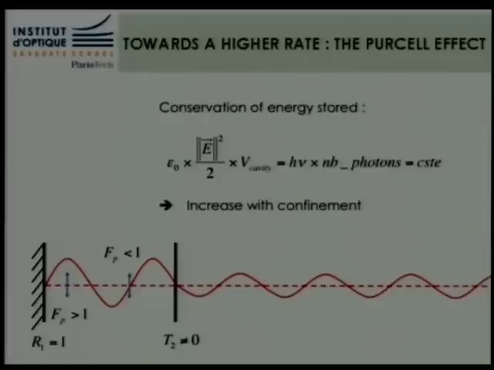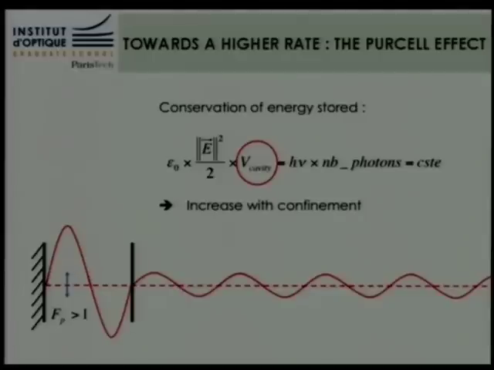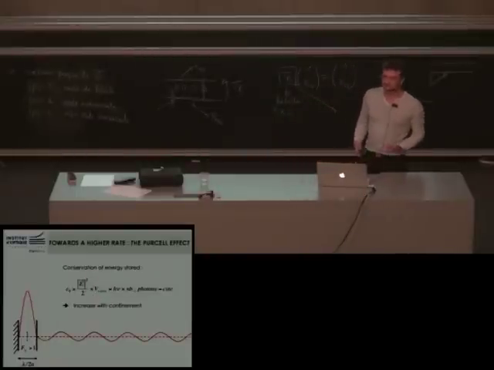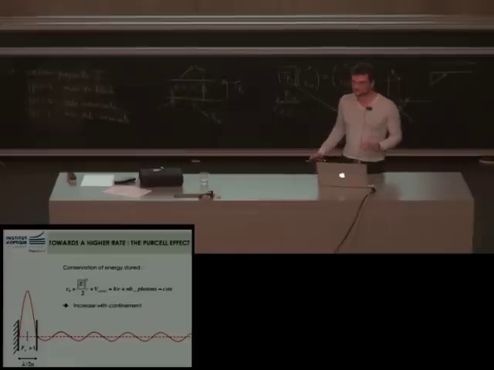Then, by conservation of the energy stored, by reducing the volume of the cavity, one can increase the electric field. And so, an increase with the confinement will result in an increase of the emitted power. But there's a limit to this confinement, which is given by the existence of a standing wave, which is half the wavelength.